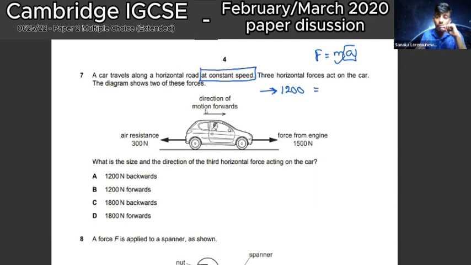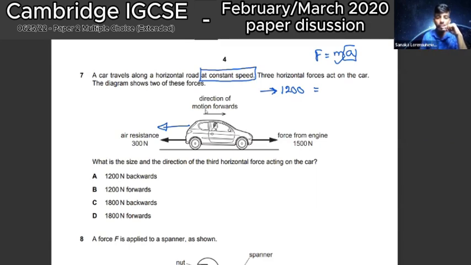Then we want to get constant speed by acceleration equals zero. Acceleration equals zero means there is no net force applying on this car. The forward force is 1500. Also, the backward force should be 1500. Then what we want to do is add another force to the backward.